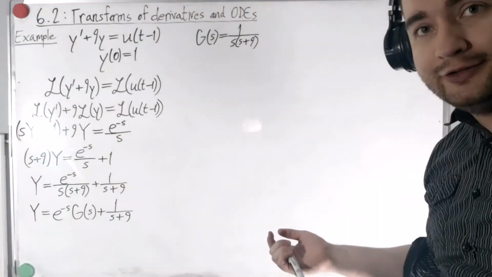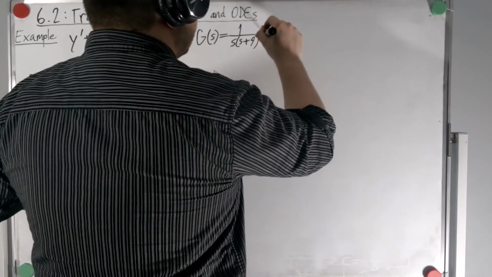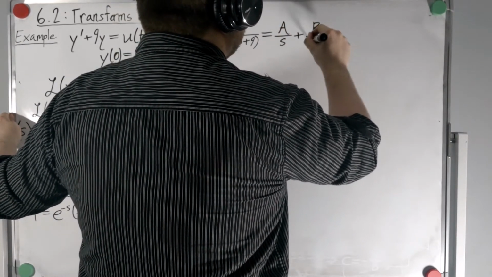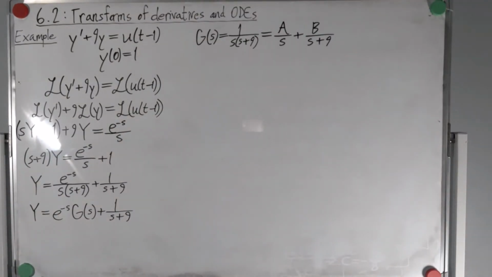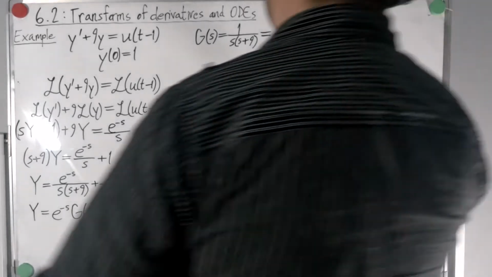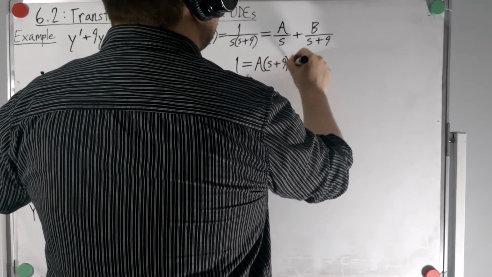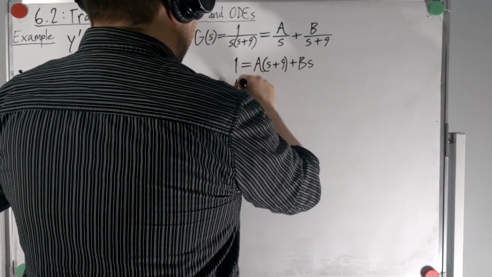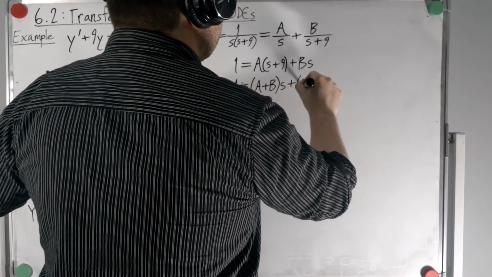In order to do that, we need to do a partial fraction decomposition. So this becomes A/s + B/(s + 9). Multiply through, you get 1 = A(s + 9) + Bs. We get 1 = (A + B)s + 9A.